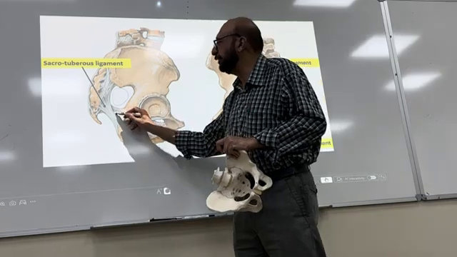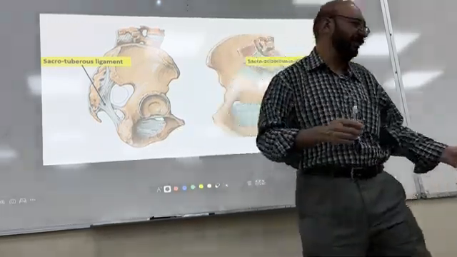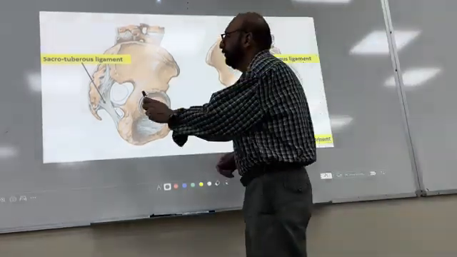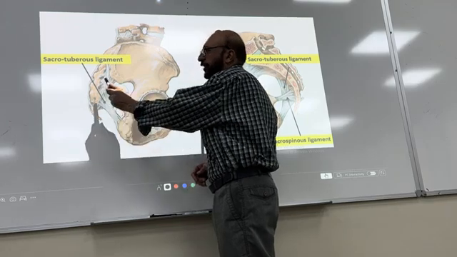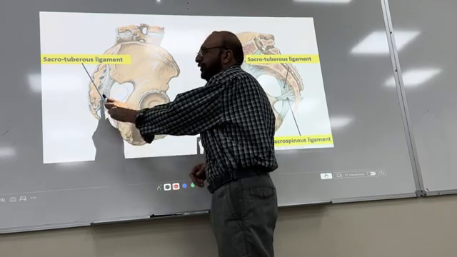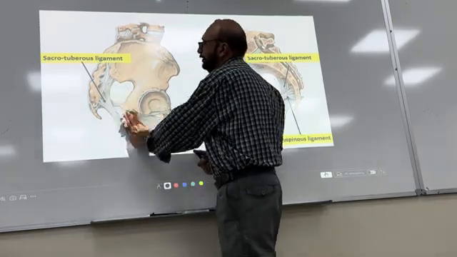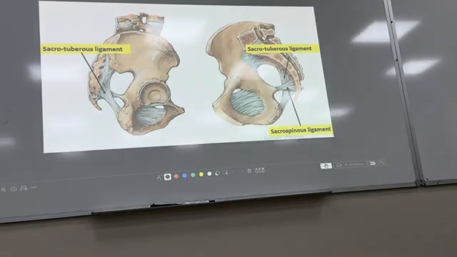And here it is converted into the lesser sciatic foramen with the help of two ligaments, sacrospinous and sacrotuberous. What is sacrospinous? From sacrum to the ischial spine. From sacrum to the ischial tuberosity, sacrotuberous ligament. This is how we have two extra ligaments, which are again included in the formation of the boundary of the pelvis.